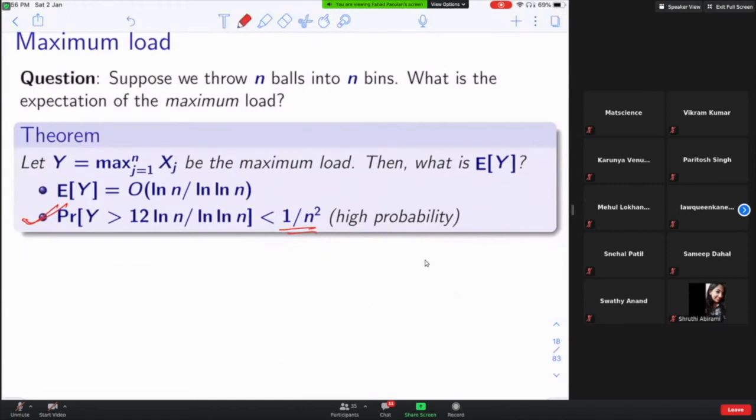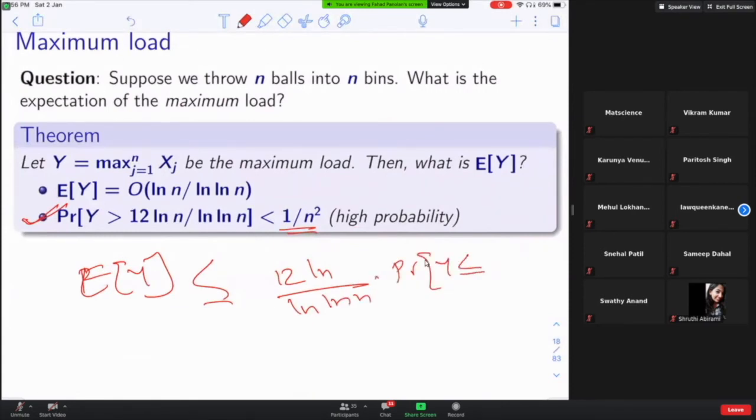I would say the expected value of y is at most 12 log n divided by log n times the probability that y is less than or equal to this quantity, 12 log n divided by log n, plus n times the probability that y is greater than this.